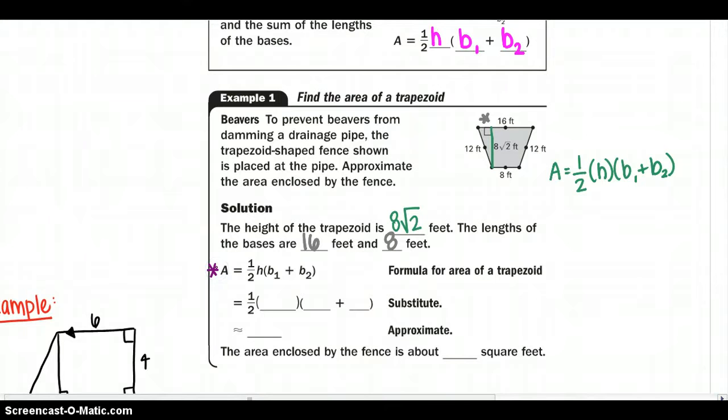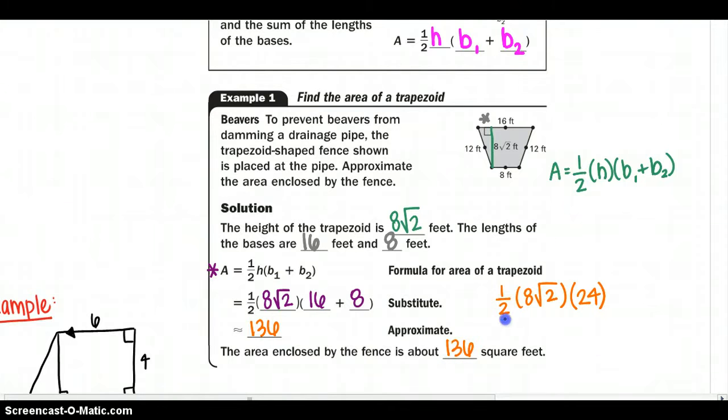And again, all we have to do is plug it into our equation that we have already done. So we would have 1/2 times 8 square root of 2. And then we are going to add our two bases together. So let's do that out here. So 1/2 times 8 square root of 2 times, what is that? 24. And then we're going to solve, and we can approximate that as 136 square feet.